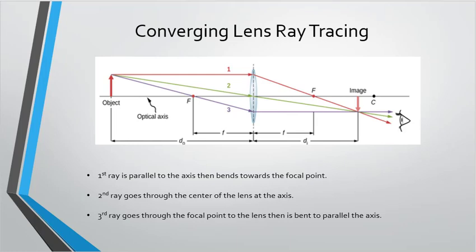You've got a second ray that goes from the top of that arrow straight through the center of the lens. And then you've got a third one that goes from the top of the arrow to the bottom of the lens. And then it carries on parallel to the optical axis. And where those three intersect is going to be the top of your image. If you start at the top of the object, you're going to end up at the top of your image.